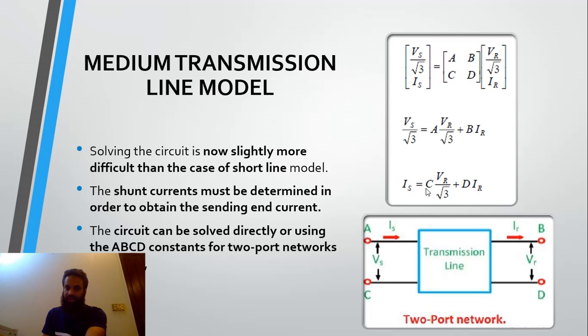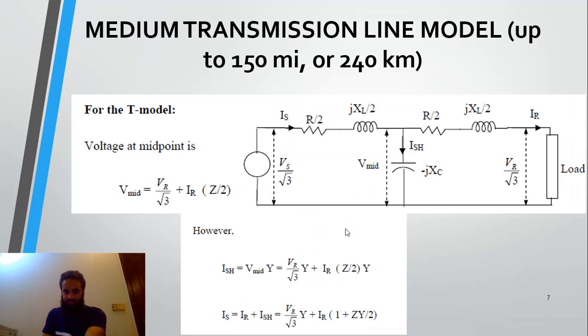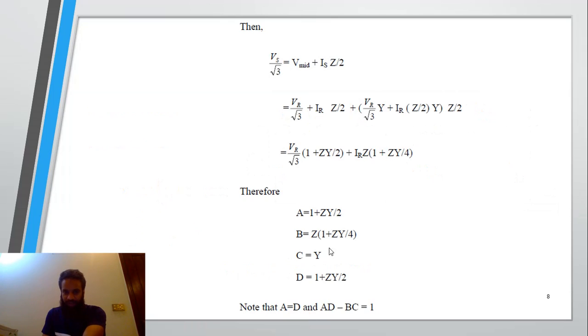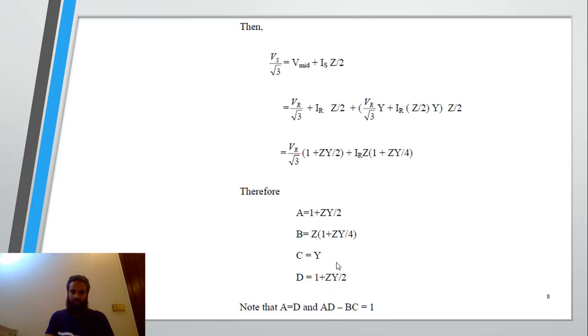And in the sending end current, the coefficient of VR is C and the coefficient of IR is D. Now from these equations we can find that the component of VR is A, the component of IR is B, the component of VR in this equation is C, so it is Y, and the component of IR in this equation is 1 plus ZY over 2. So this is the whole equation.